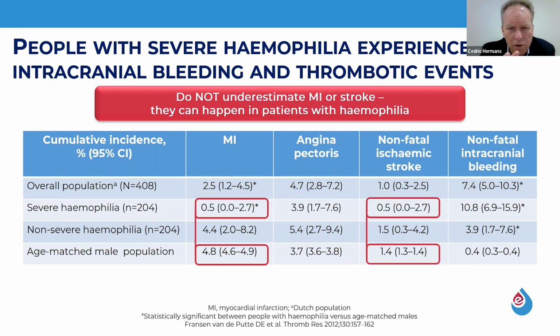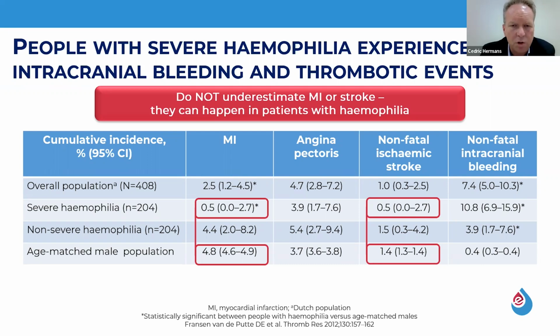If we look at the results here, you can clearly see that when comparing the incidence of myocardial infarction, patients with severe hemophilia are protected. So the risk of getting an MI is much lower in the population with severe hemophilia compared to the age-matched male population. However, for non-severe hemophilia, you don't see that level of protection.